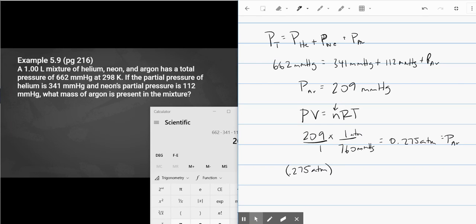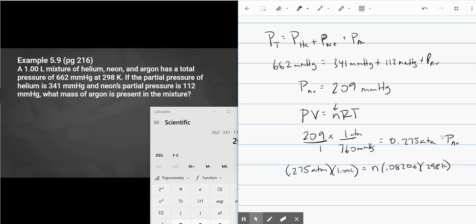So it was 1.00 liters. That's our V. n is what we don't know. We don't know how many moles are in there. R is going to be 0.08206. I'm going to leave the units off just to shorten a little bit. And then the temperature it gave us was 298 Kelvin.